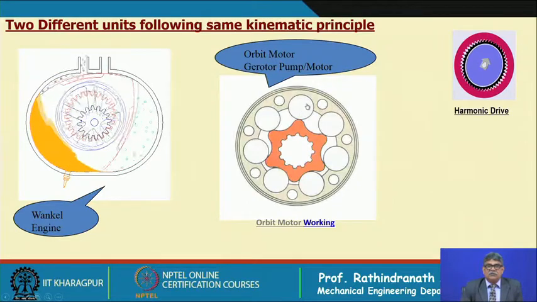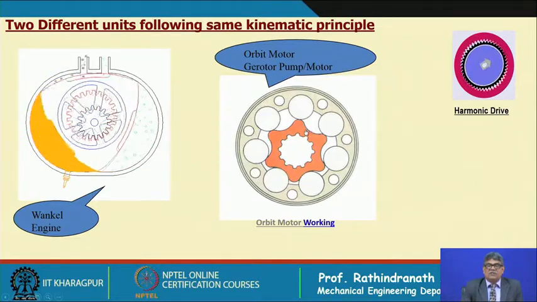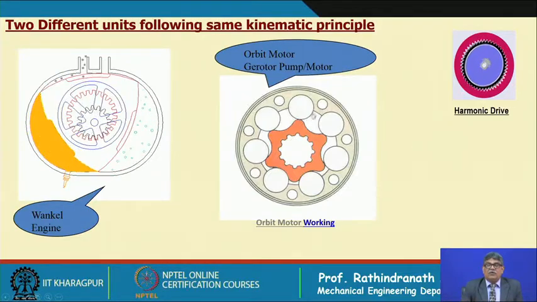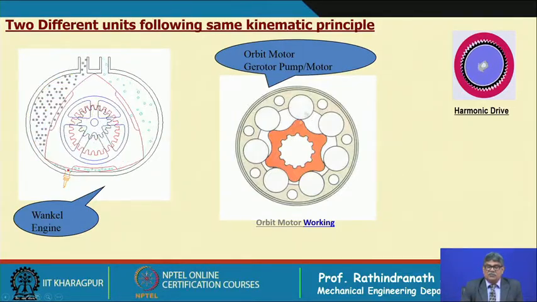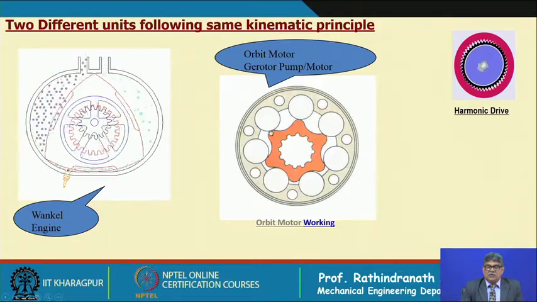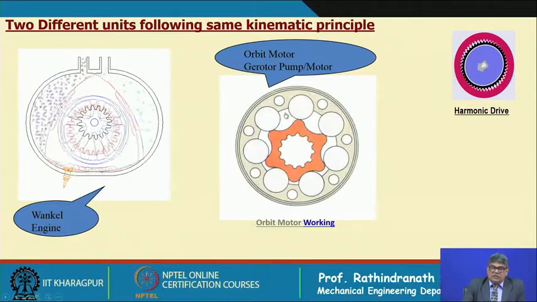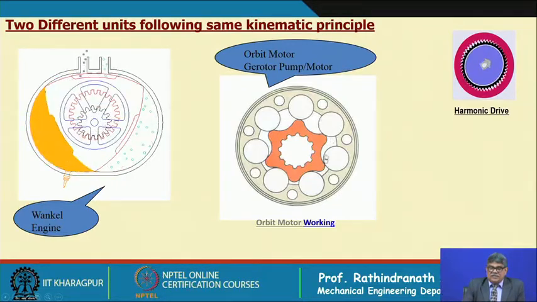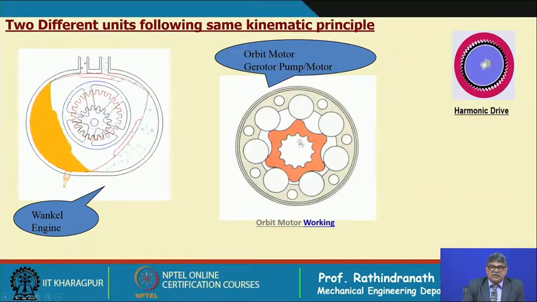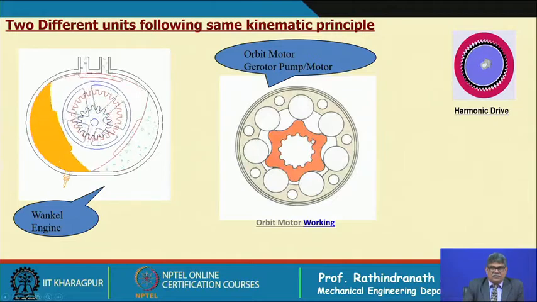If we count, the outer one has 7, the inner one has 6. The inner profile is called a modified epitrochoid, the outer one is nothing but the envelope of this one, and they are conjugate to each other. Although this point is moving on these lobes, it will always be in contact. Therefore, these spaces can be used as chambers which act in compression and expansion, and in that way this can be used as a motor as well as a pump.